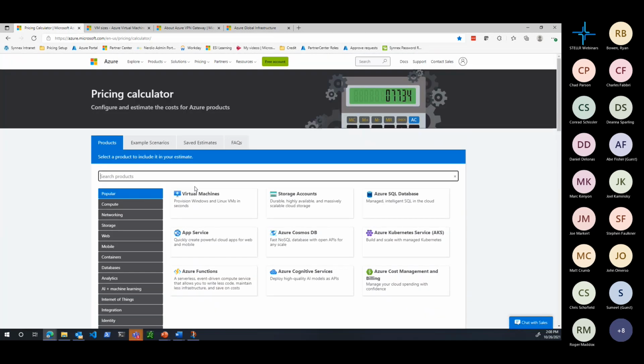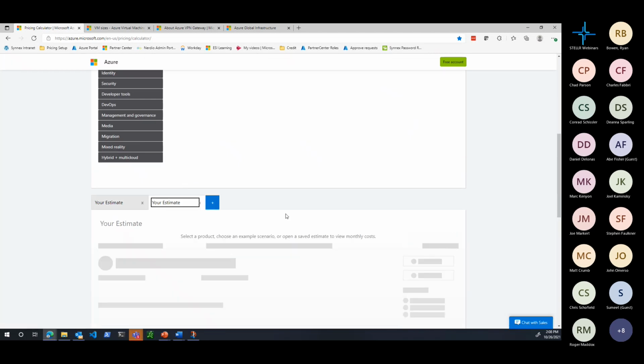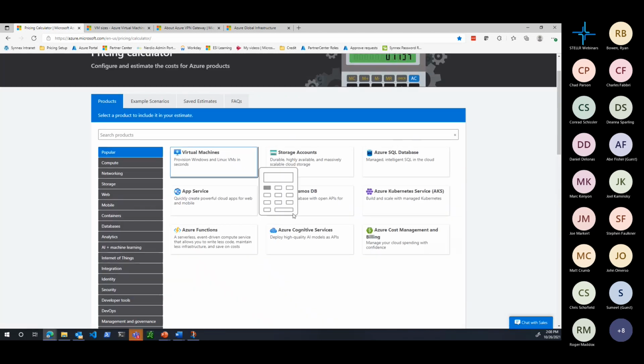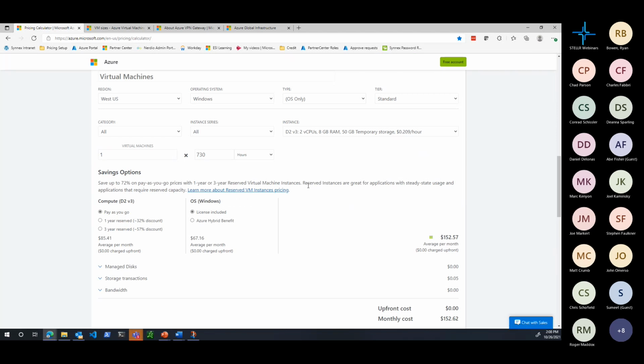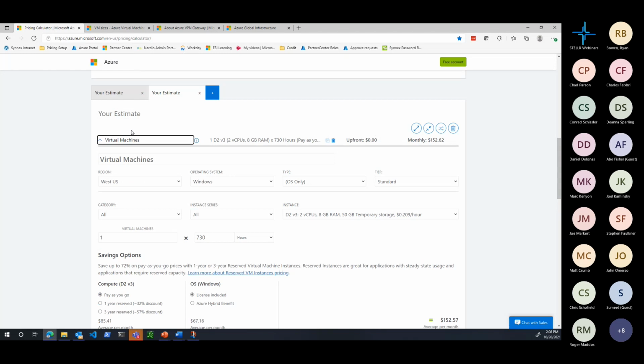So once we do that, if we click on one of them, and I'll create a new one here just by clicking this blue button, it will add, and you can see here on the right-hand side, the virtual machine was added, and I can click this view button, and it'll scroll me right down to the line item that was added. So with that, I now have a virtual machine. I can call this virtual machine what I would like to.